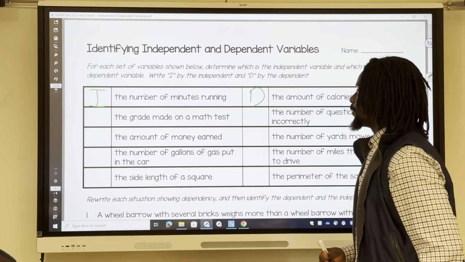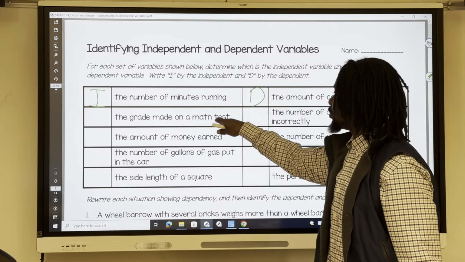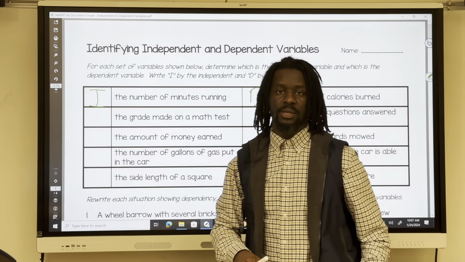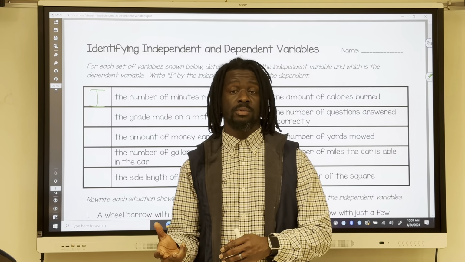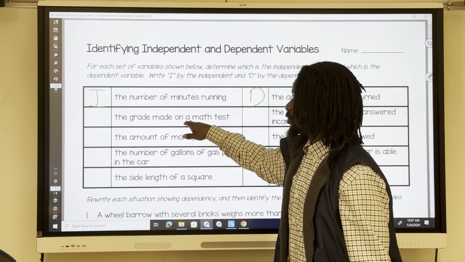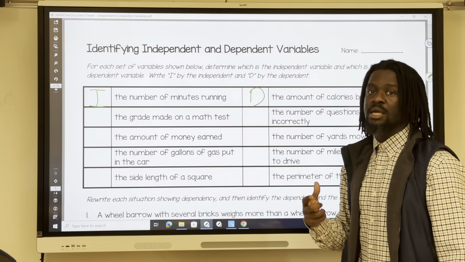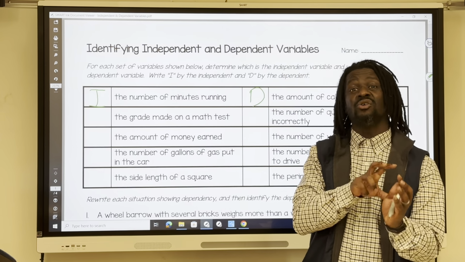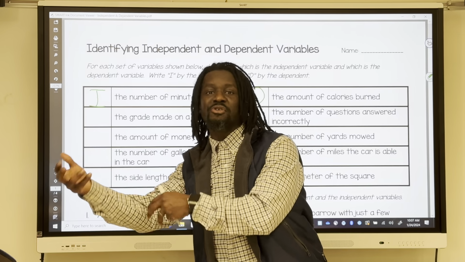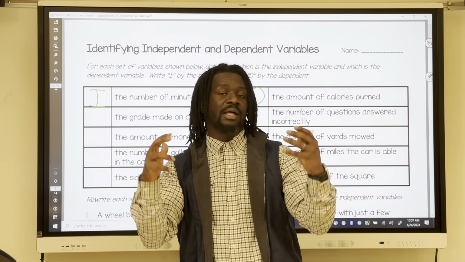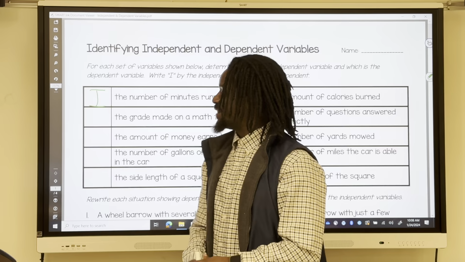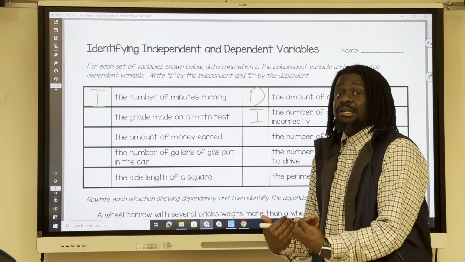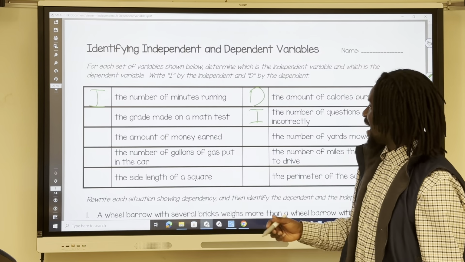Let's look at the next example: the grade made on a math test and the number of questions answered incorrectly. Which one causes the other? Does the grade on the math test cause how many questions you got incorrectly, or does how many questions you got incorrectly cause the grade that you get? If I think about it, it should be pretty clear that it is the number of questions that you get incorrectly that causes the math grade.